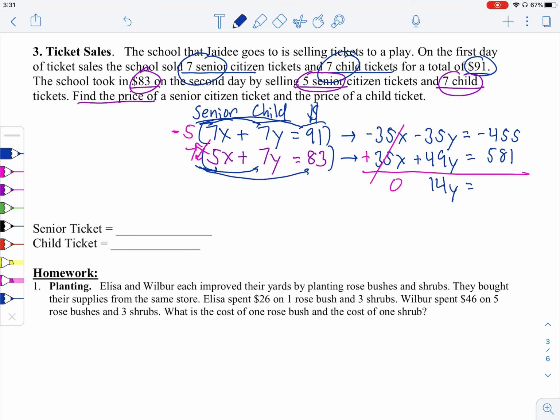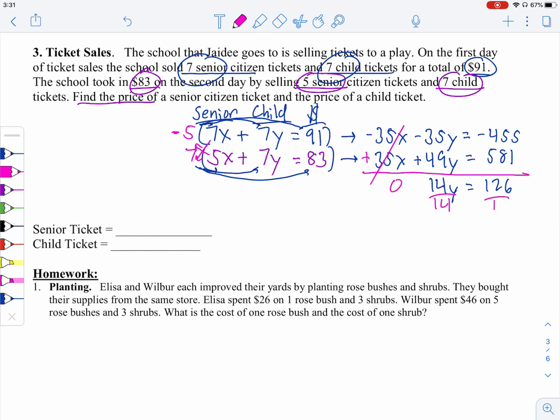All right, that's going to be 126. Then we divide by 14. y is equal to 9. Right there. So y is 9.